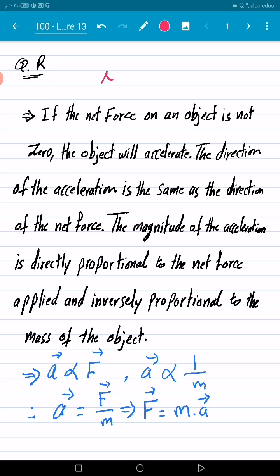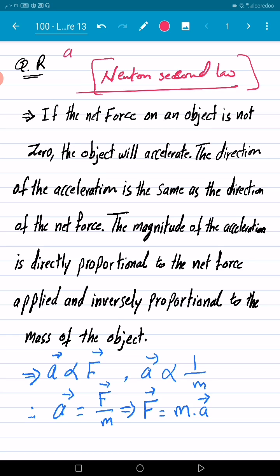Newton's second law makes a relation between the acceleration and the applied force.